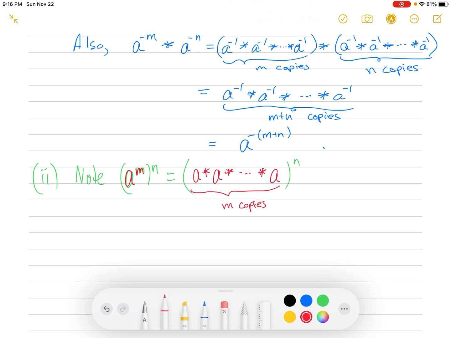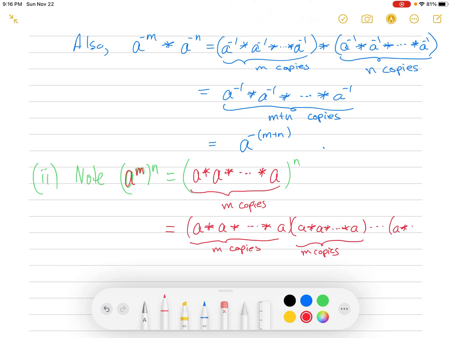So what does that mean? That means we're going to have a star dot dot dot star a, m copies of that. a star a star a, m copies of that.